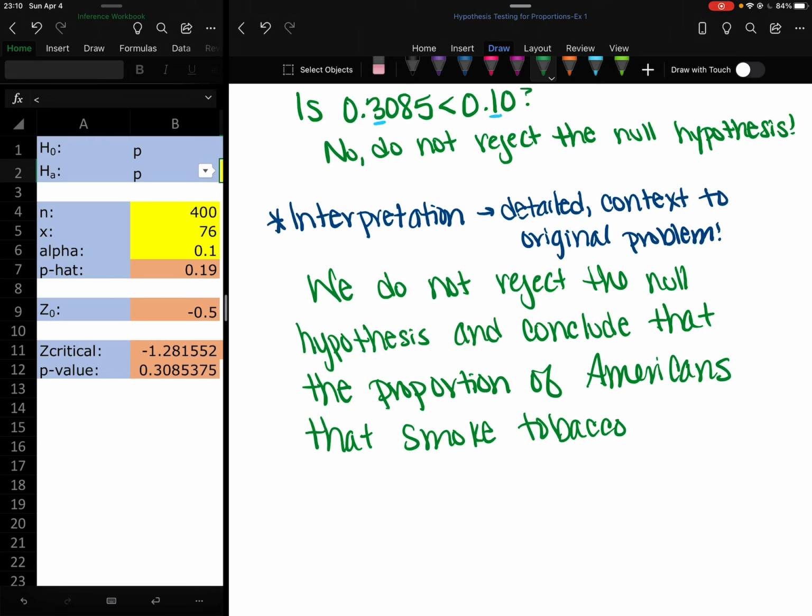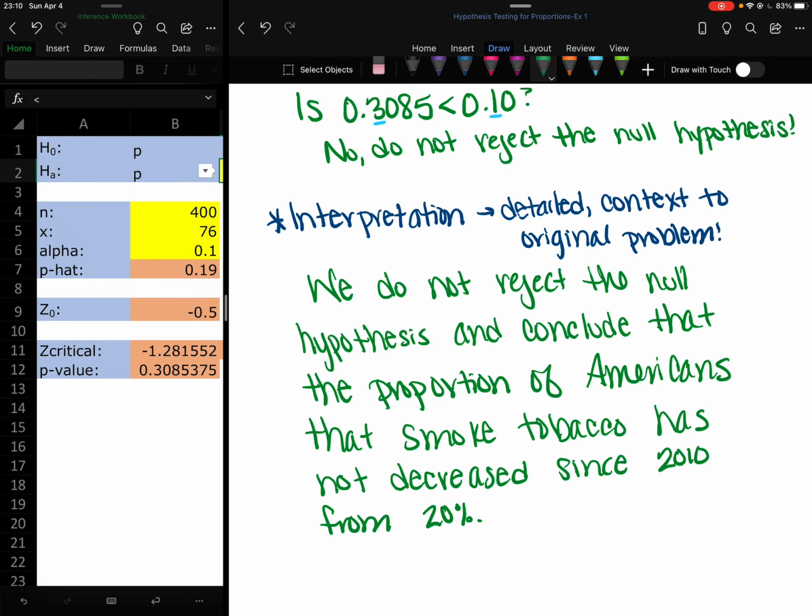So the proportion of Americans that smoke tobacco has not decreased since 2010 from 20%.